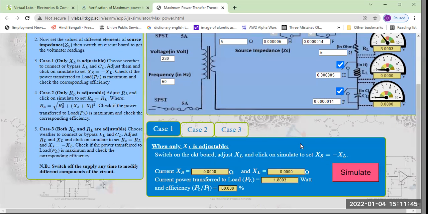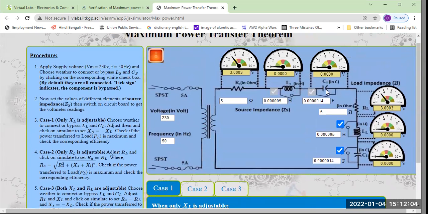Case 1, guys, you can write down: only RS and RL. All components, meaning resistance, inductance and capacitance for the source side and for the load side, are equal.